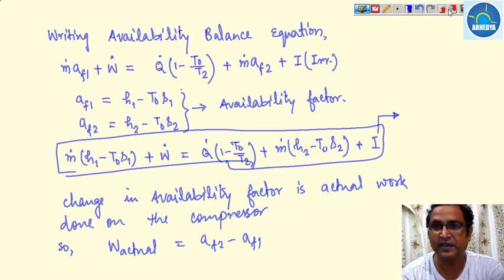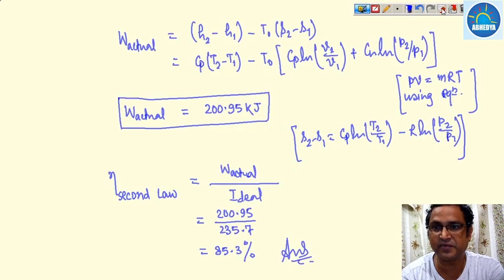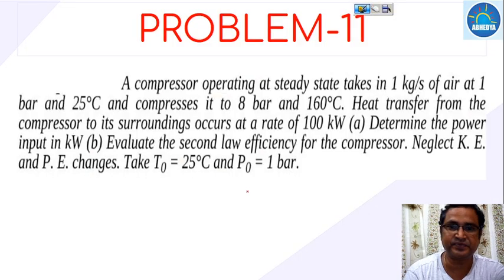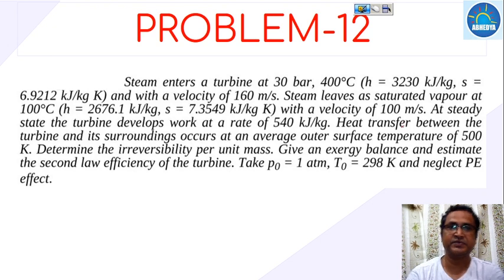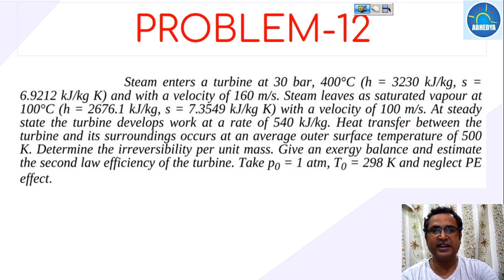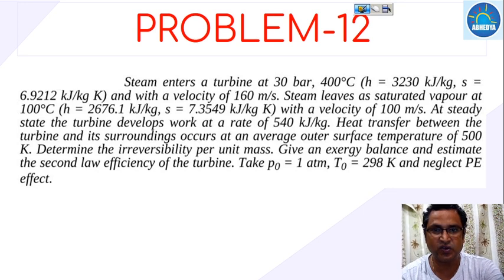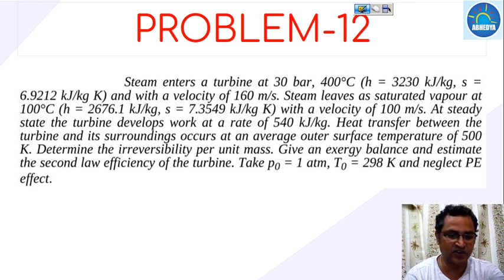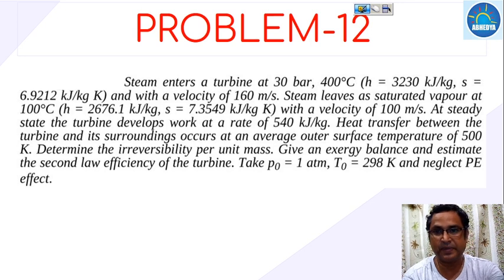Okay, now come to the next problem. Steam enters a turbine at 30 bar and 400 degrees centigrade with enthalpy H equal to 3230 kilojoule per kilogram, and entropy is given.